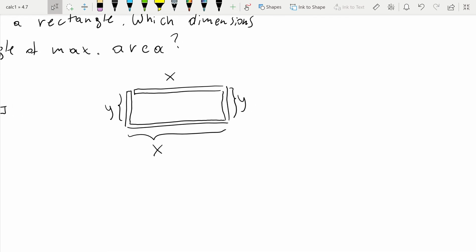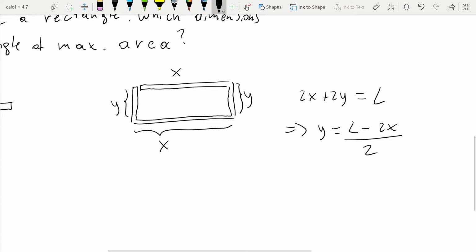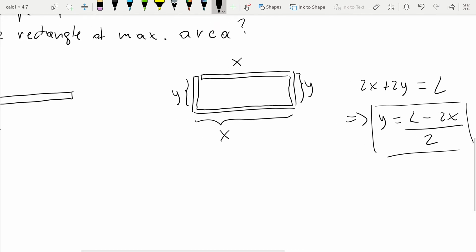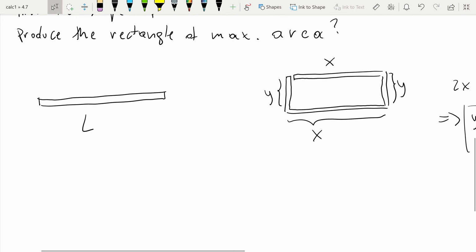But y is completely determined by x, because we know 2x plus 2y must be equal to L. So that implies that y is equal to (L minus 2x) over 2. Remember, the perimeter must correspond to the total length of the wire.